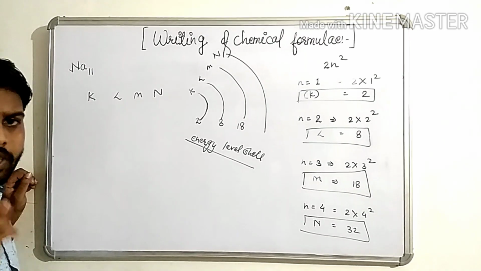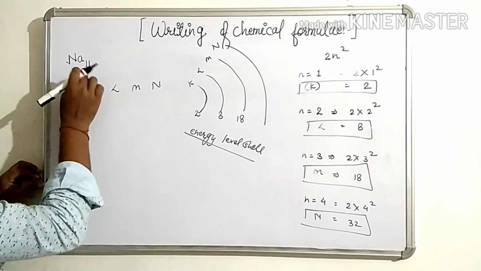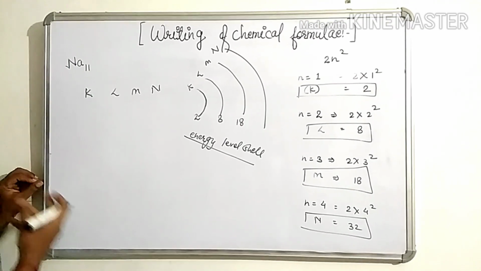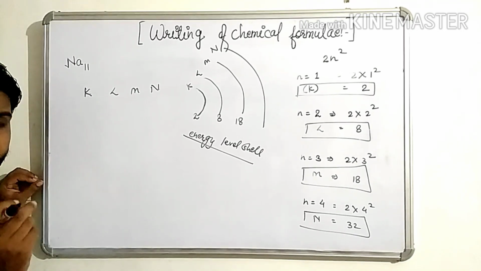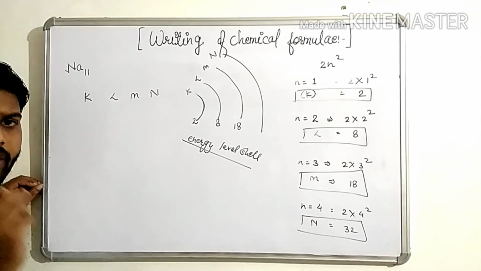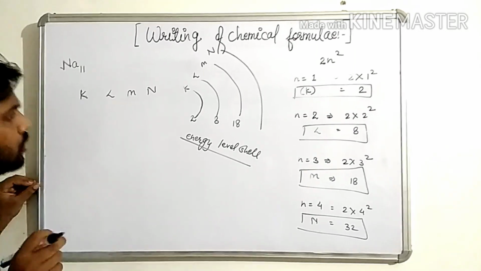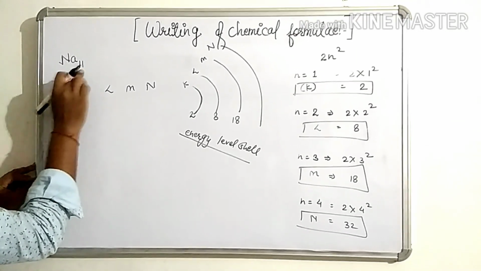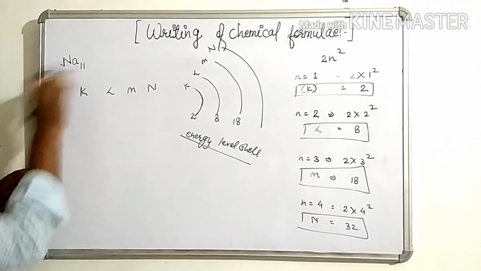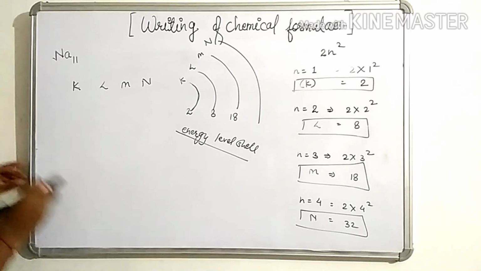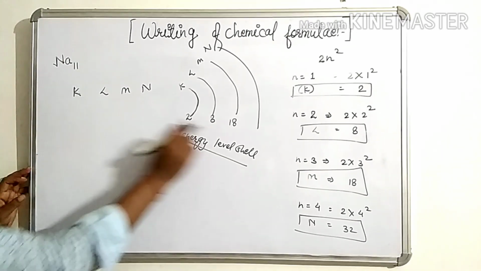Okay, please note in your copy that atomic number of any element represents number of electrons in an atom. So there are 11 electrons in sodium. Now distribute these electrons in these shells.